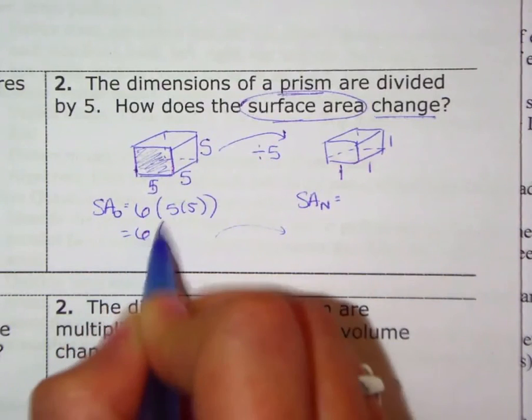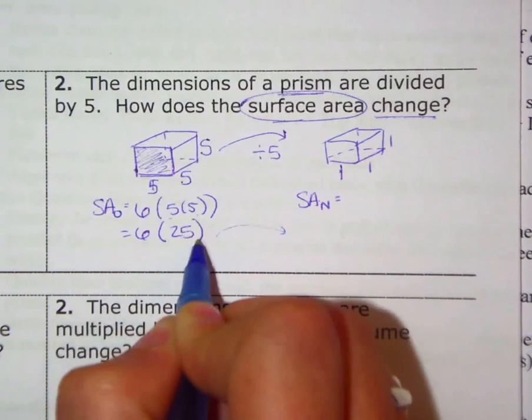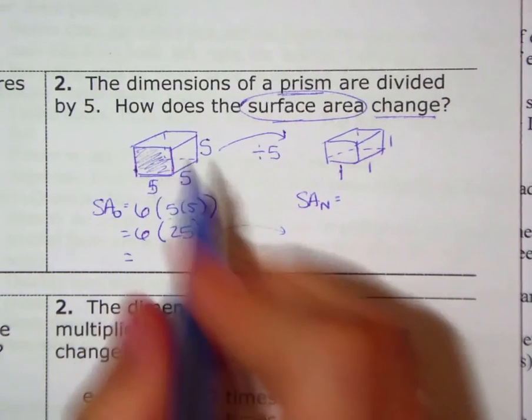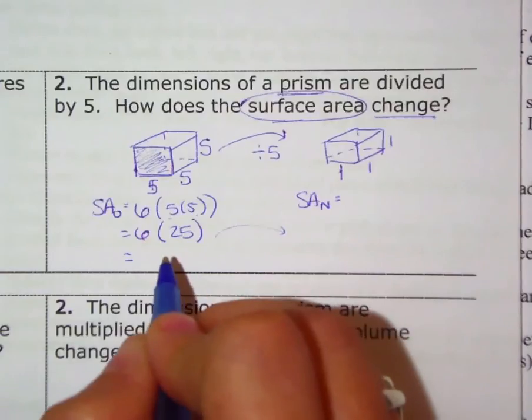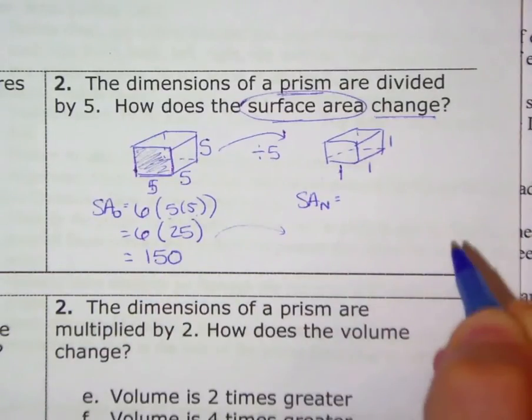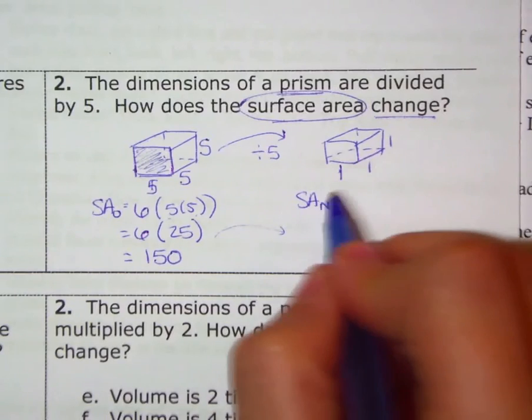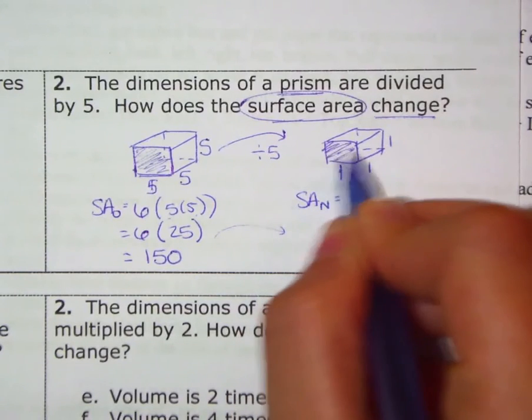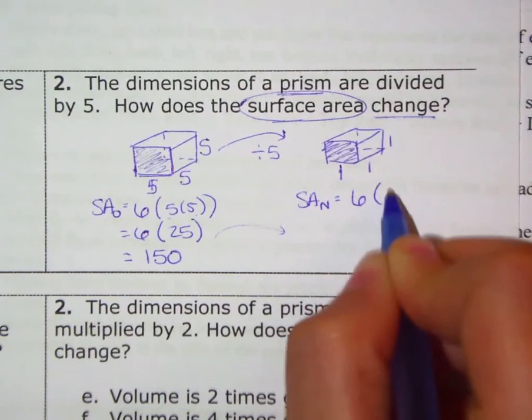So 6 times 5 times 5, which is 25, and 6 times 25 is 150.